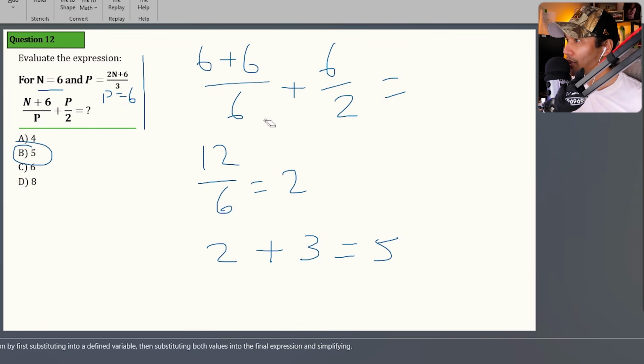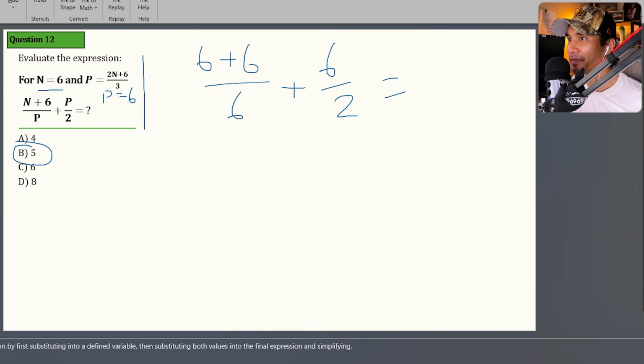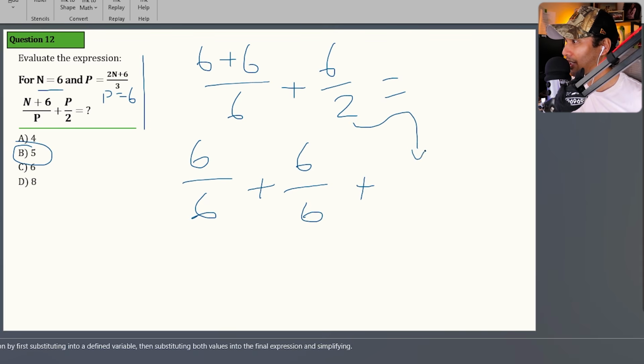All right. What you could do here, and you know, there's just multiple ways to solve problems sometimes. 6 plus 6 over 6 is equal to 6 over 6 plus 6 over 6, and then plus, and I'm going to put this over here, and 6 over 2.